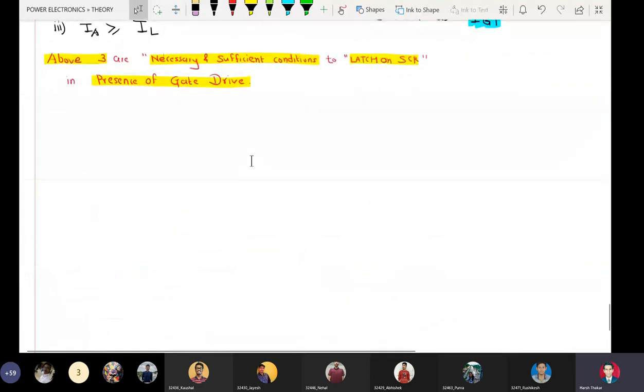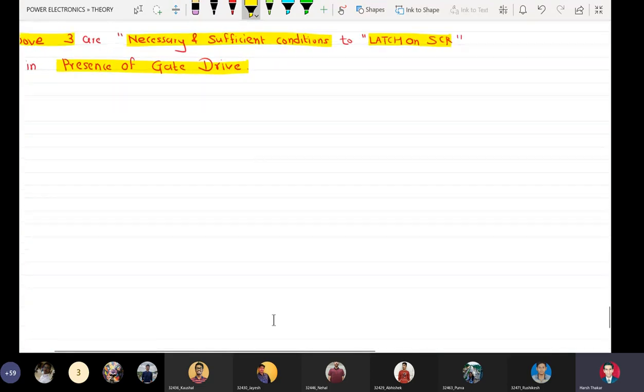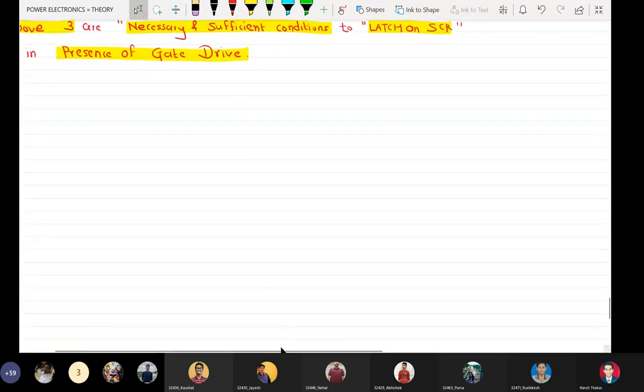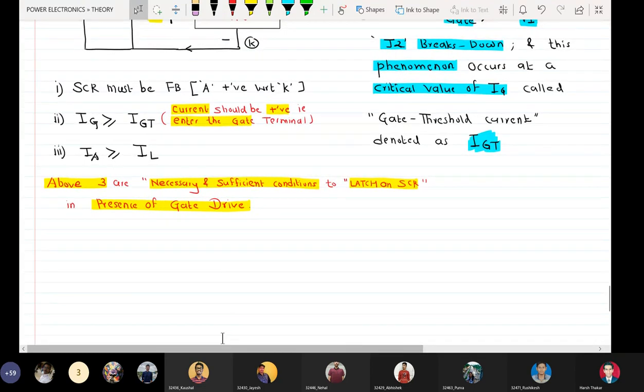Now we come to the important concept of breakdown. Okay, so before we end, let us just put down some fundamental semiconductor concepts.